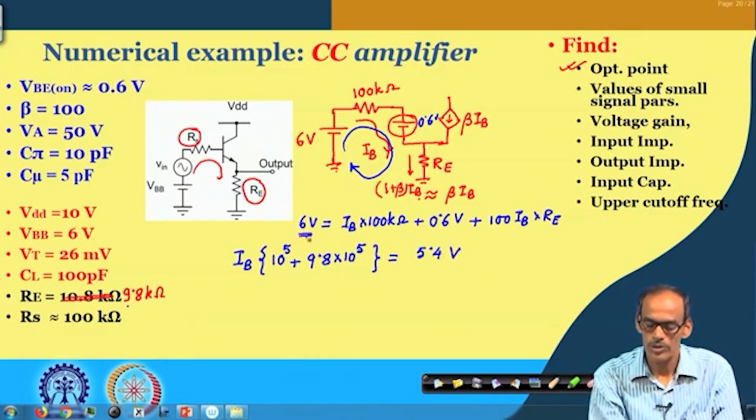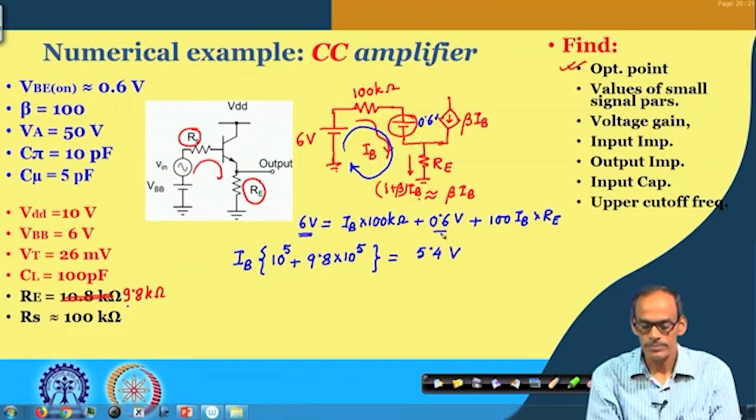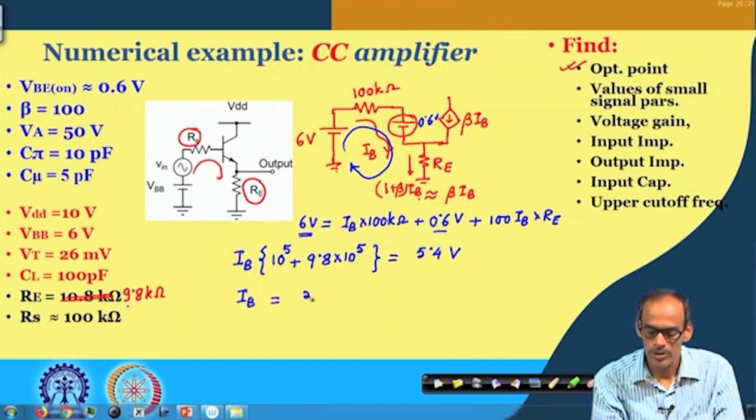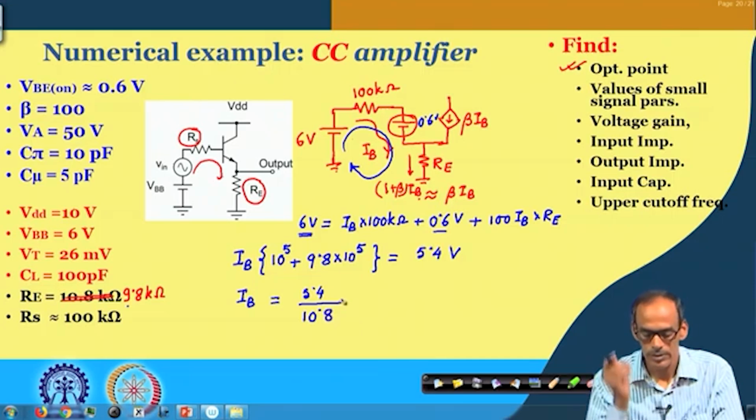That is 6 minus 0.6. So, that gives us IB equals 5.4 divided by 10.8 into 10 to the power 5. That gives us 5 microampere.